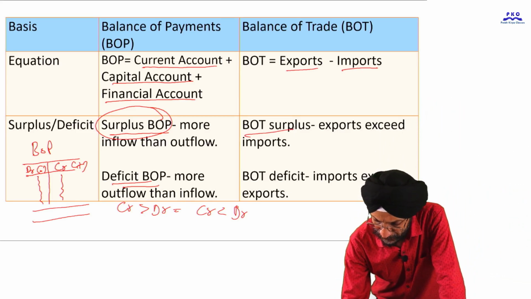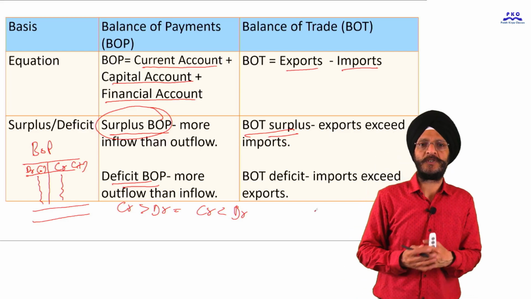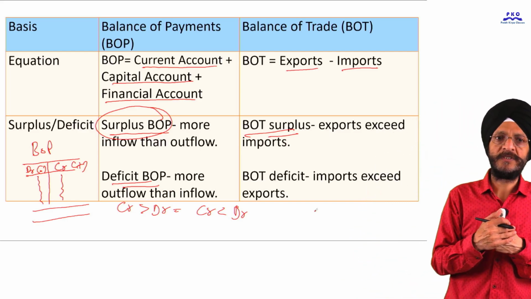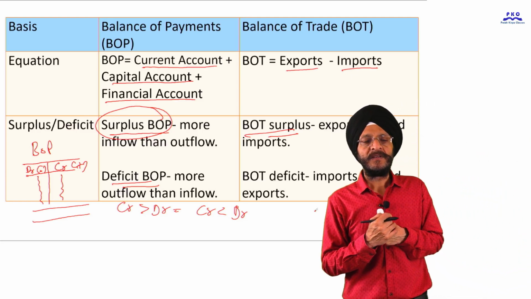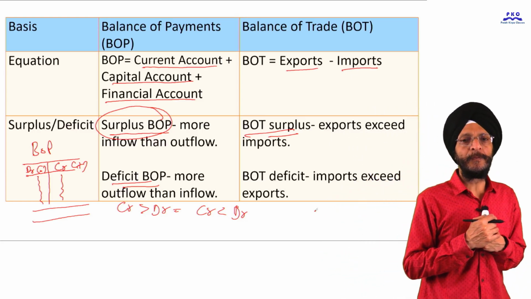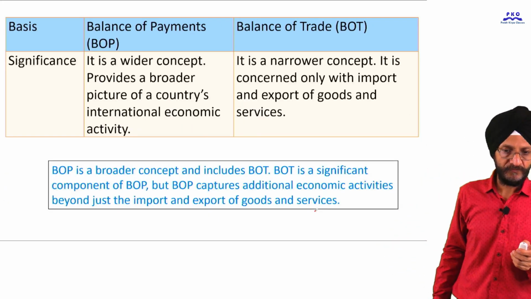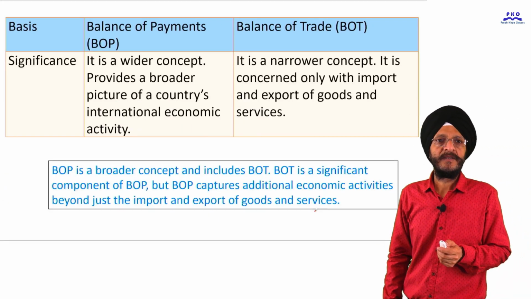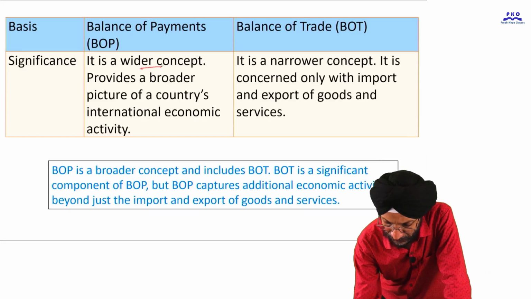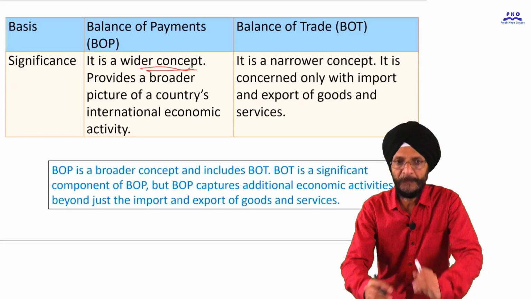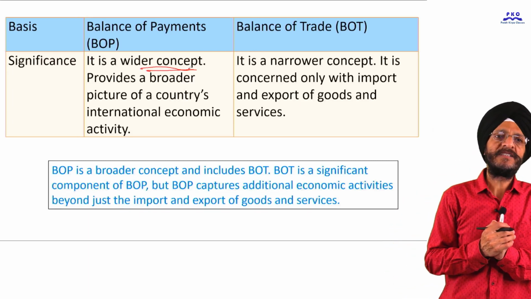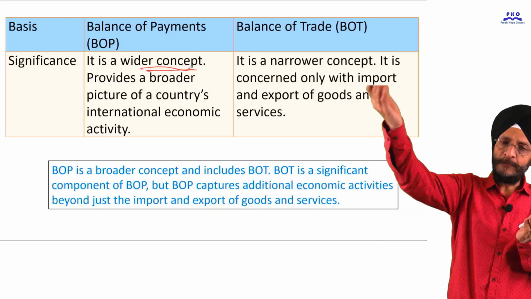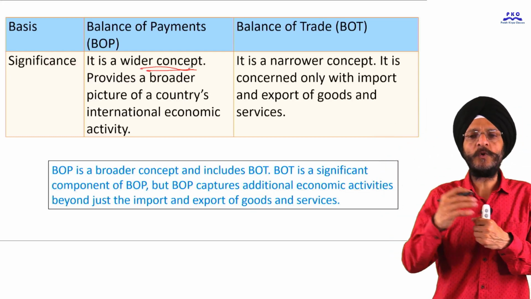BOT is surplus when exports exceed imports, and balance of trade is deficit if exports are less and imports are more. Significance: balance of payment is a wider concept. It provides a broad picture of the country's international economic activity, whether exports are more in comparison to imports.